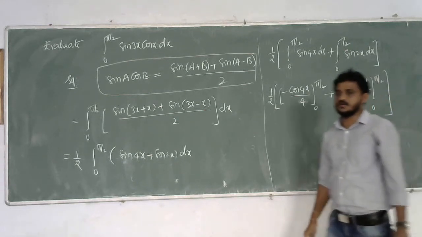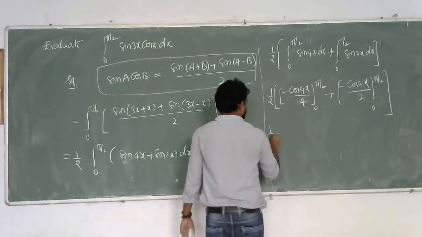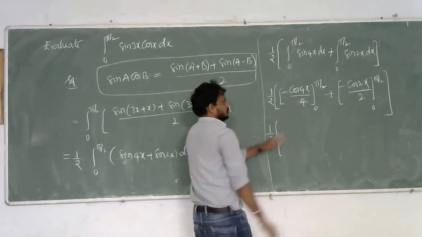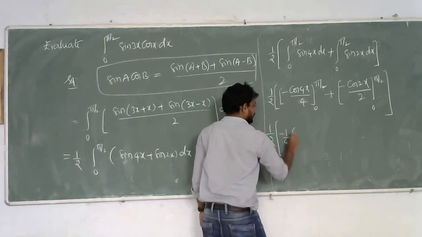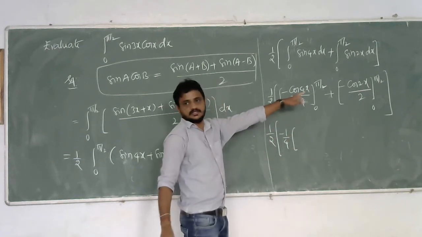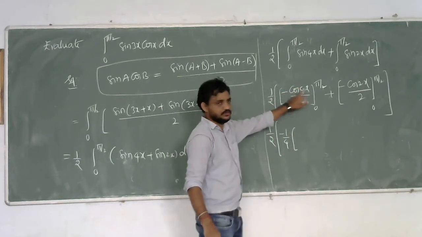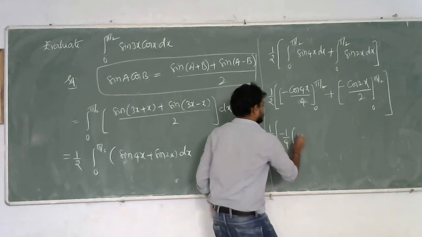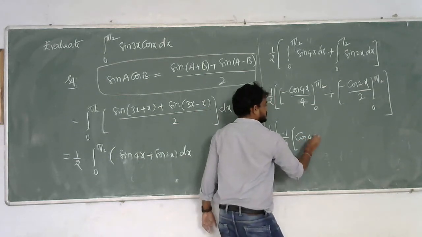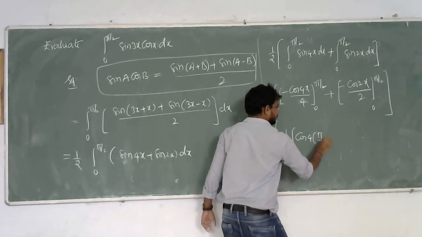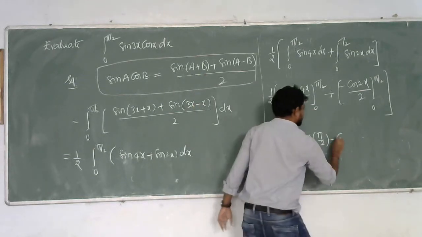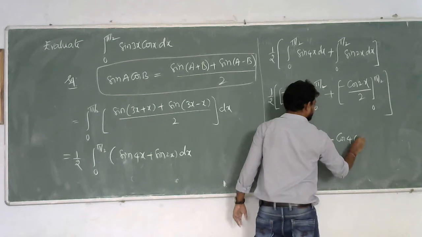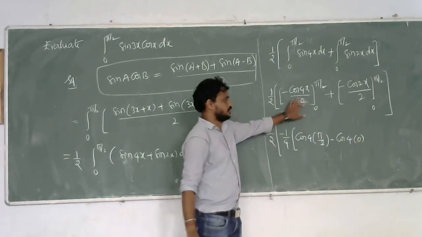Here 1 by 2 times minus 1 by 4, so minus 1 by 4 outside. Now apply the upper limit. What is the upper limit here? Pi by 2 in place of x. So we get cos 4 into pi by 2 minus the lower limit 0, that is cos 4 into 0. So the first term is over.